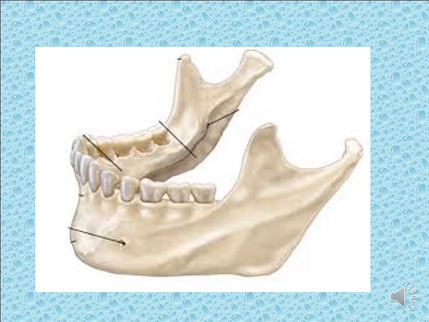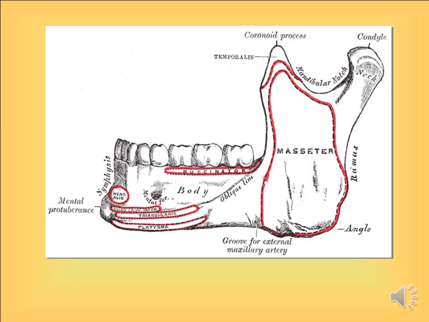The ramus is square in shape and connects with the body by the angle of the mandible. At the upper border we have two processes, the anterior coronoid and the posterior condylar process.